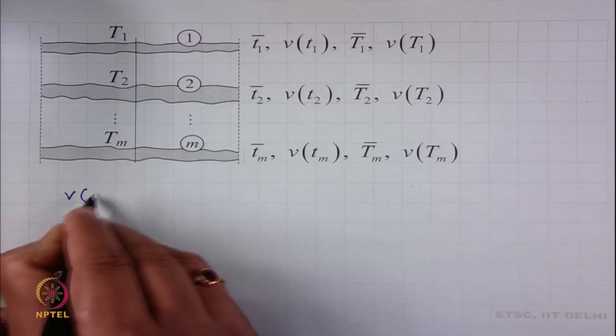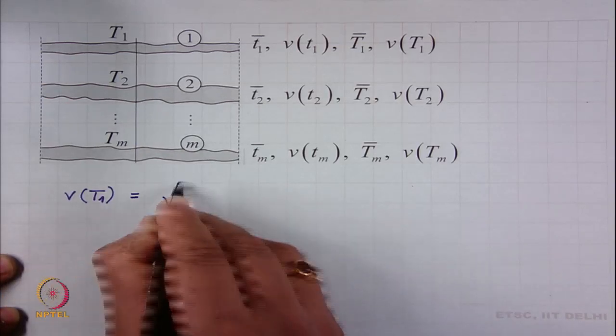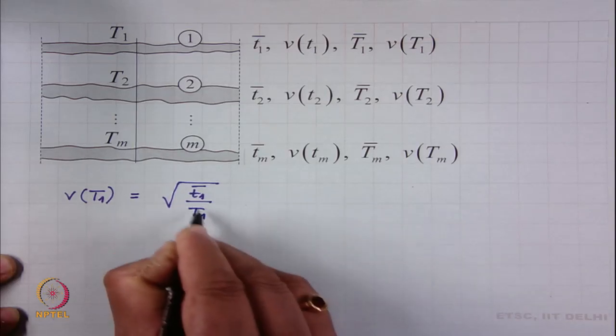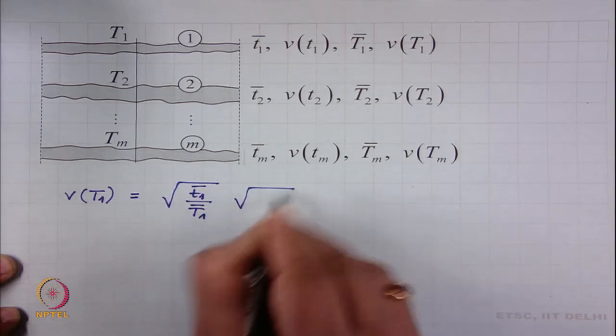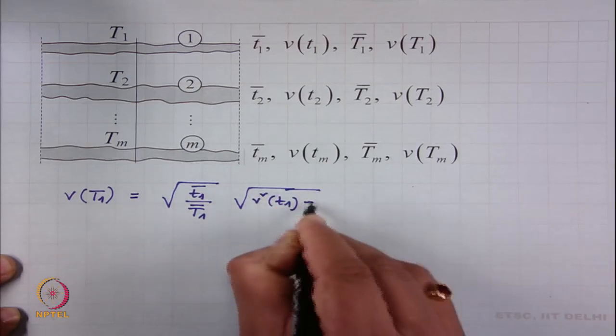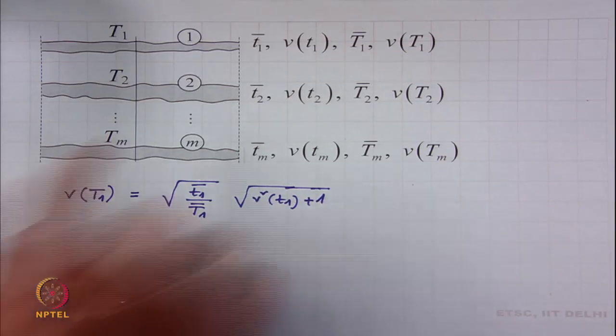V T 1 is equal to T 1 bar by this, square root of V square t 1 plus 1. Now, we come to the second sliver.